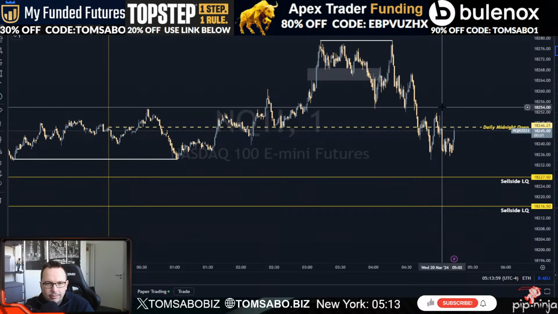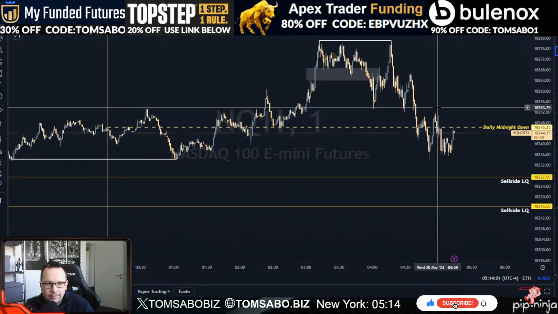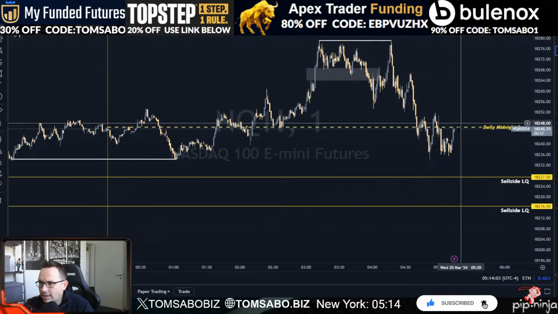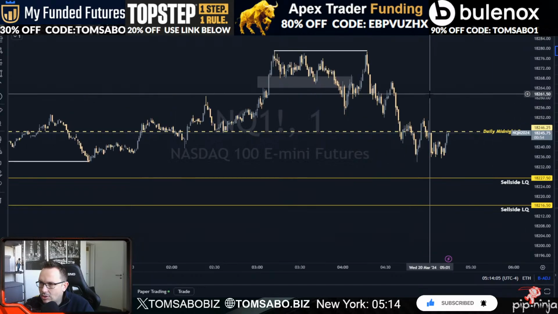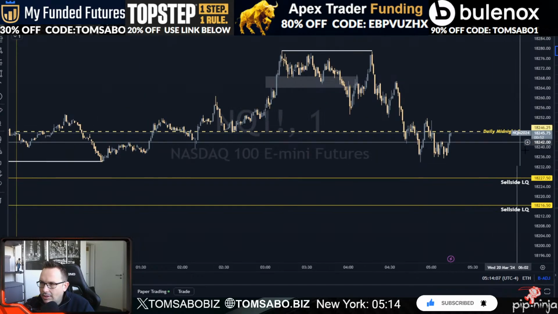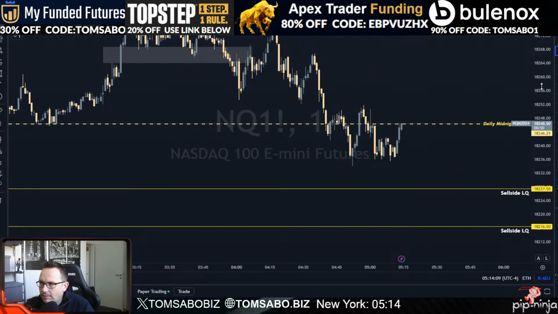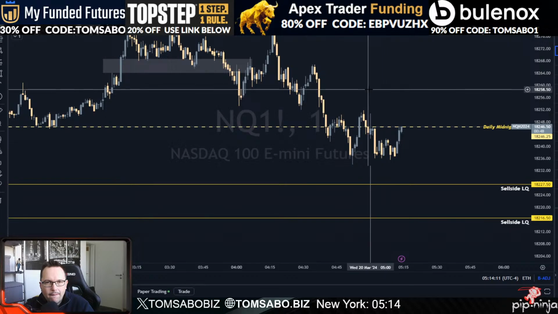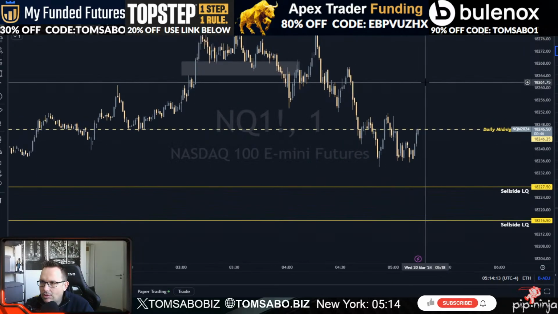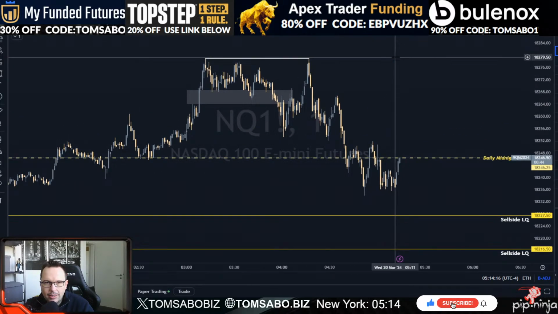But it's going, so the long is playing out good. Okay, this one shifted structure, but no major liquidity sweep, so just be careful. Could go all the way back up to those highs if we're trading in internal liquidity.